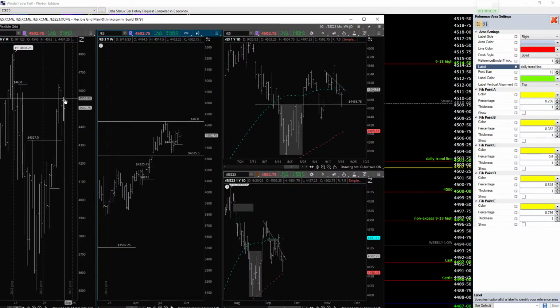The monthly, ooh, look at this. The monthly is an inside bar, huh? How much more before the end of the month? 10 days, a week and a half before the end of the month, and we have an inside bar in the monthly. The trade is to go with the breakout of the inside bar.